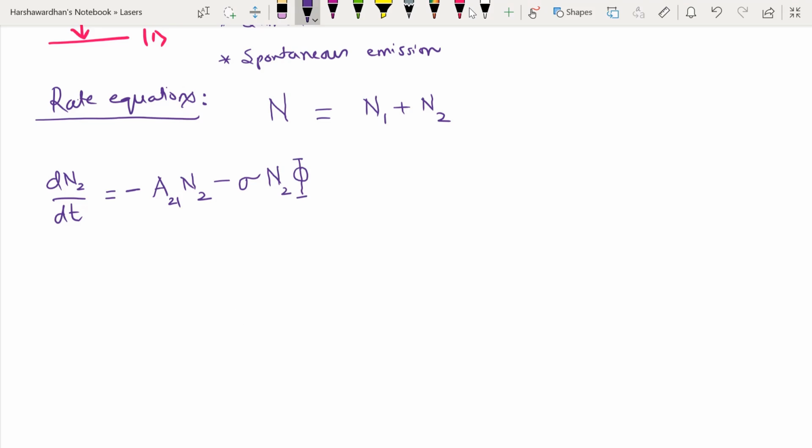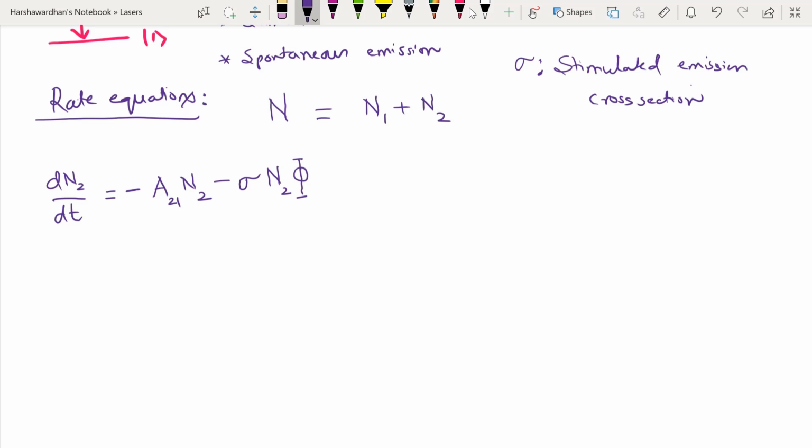Here, sigma is what I'm going to talk about in a few minutes. Sigma is, in this case, the stimulated emission cross section. The sigma has the units of area. Essentially, it's the same as a scattering cross section, and I will talk about it soon.